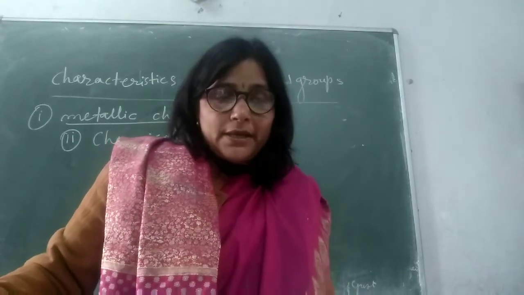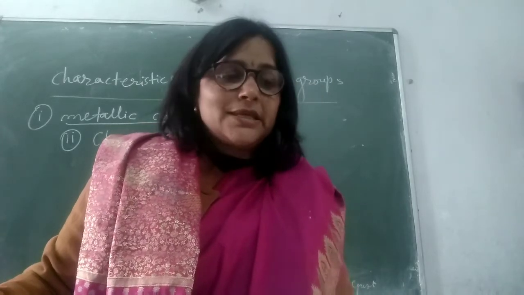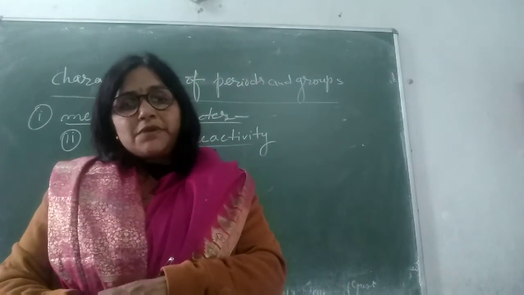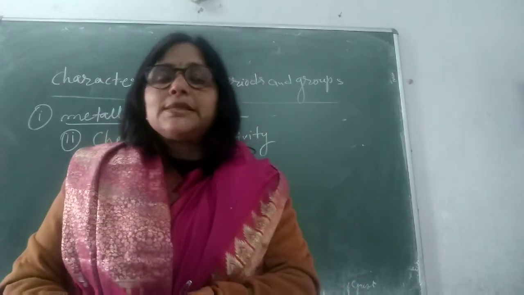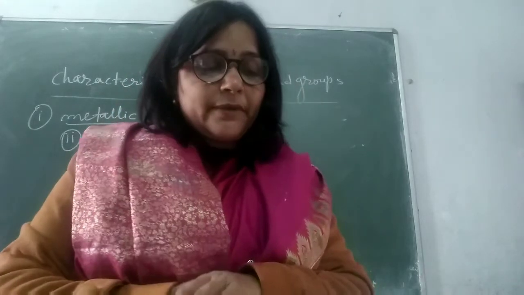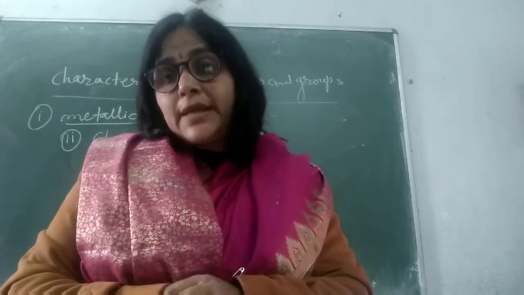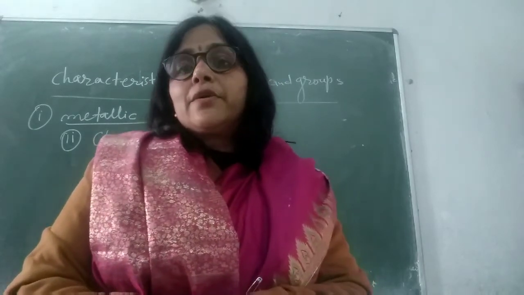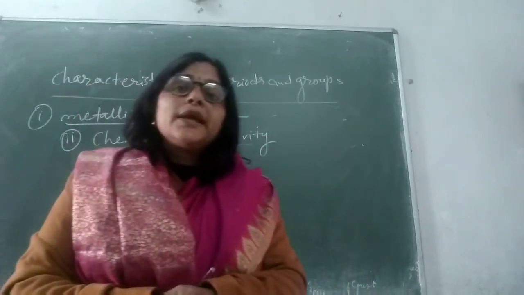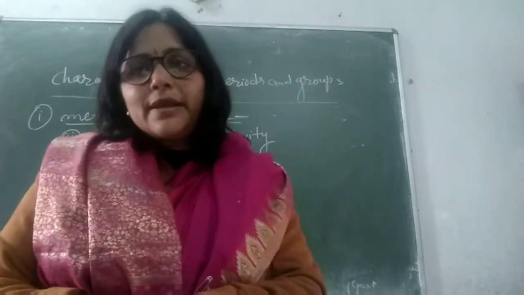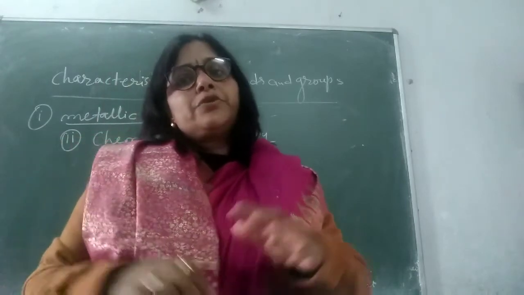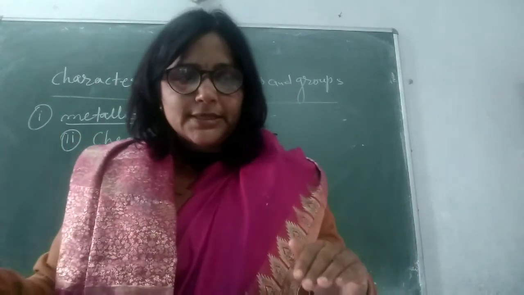The chemical reactivity of non-metals decreases on going down a group of the periodic table, because in the case of non-metals, when we are going down a group, the tendency to gain electrons decreases due to the increase in atomic size.